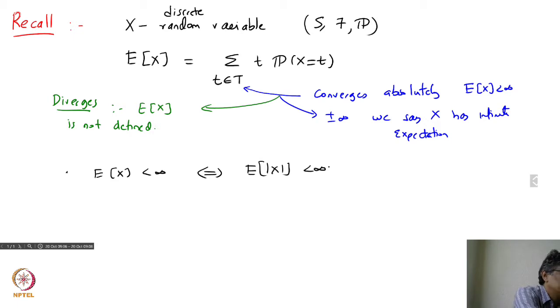We had also shown a particular property of sums of random variables.